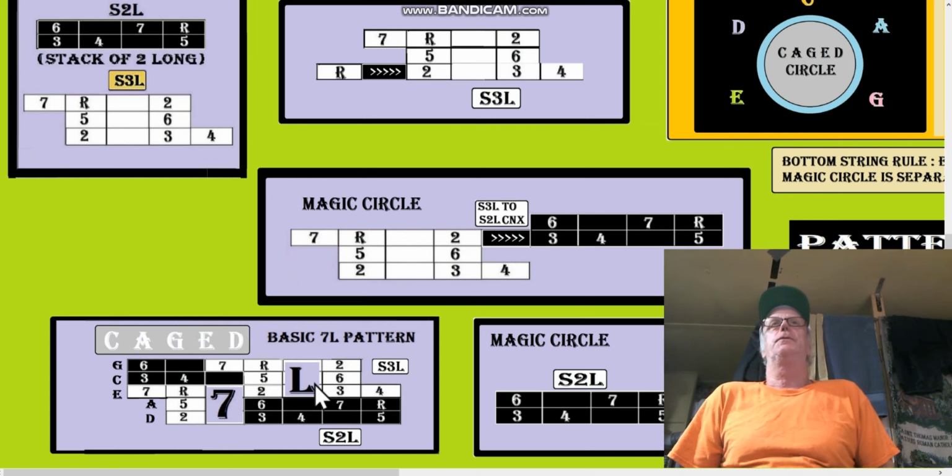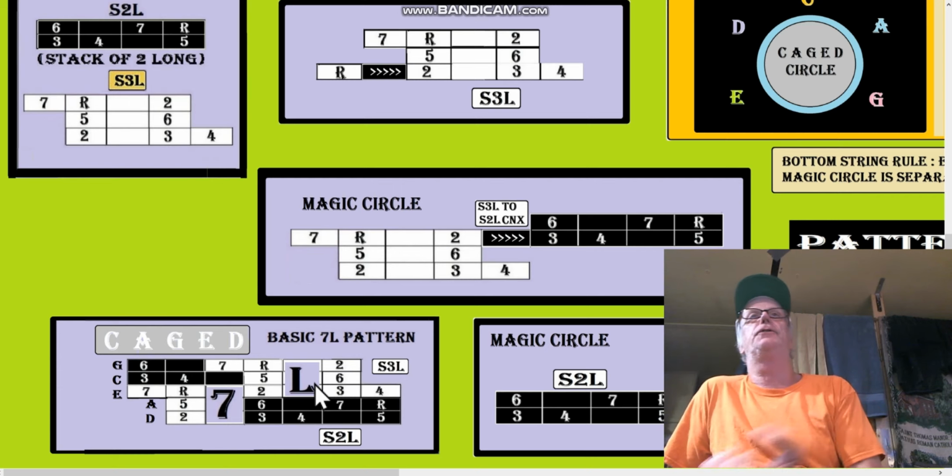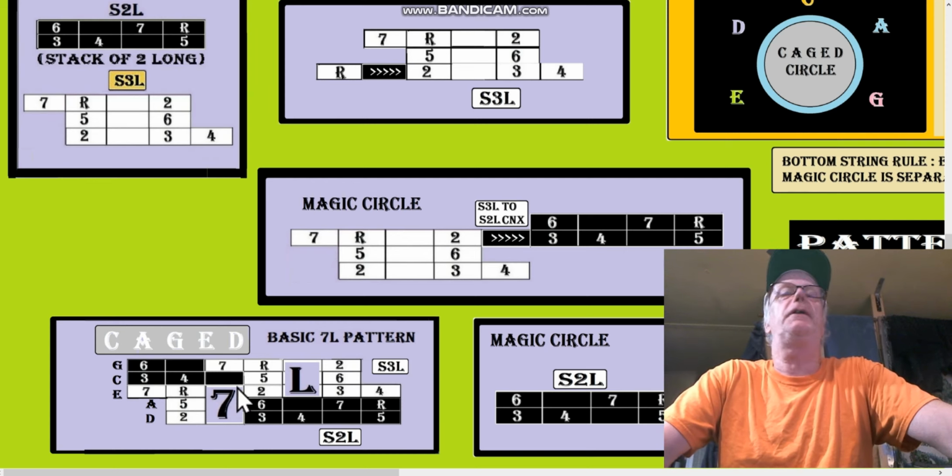Okay, so that's the CAGED, and it's the way it can be used with using the basic 7L pattern as an on-string horizontal motion. So you don't have to get this now that these letters are here, and we don't assign a CAGED shape to these because they're patterns.